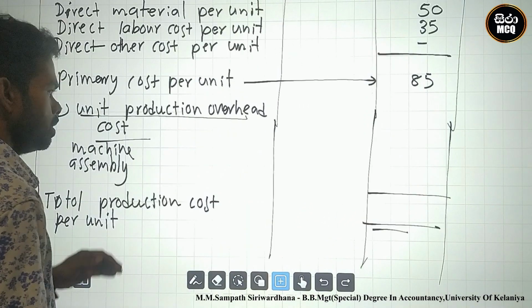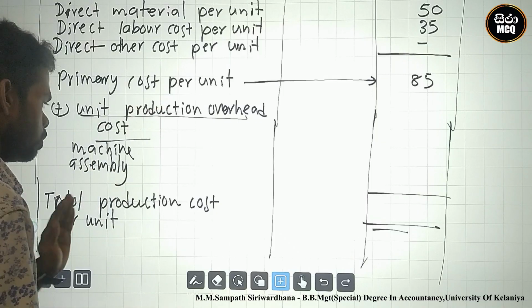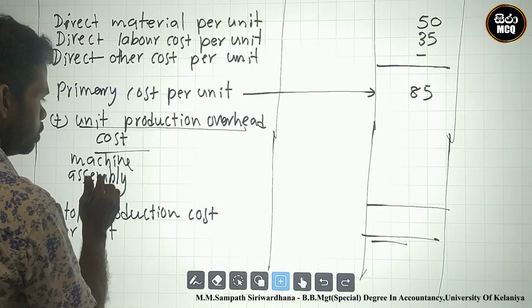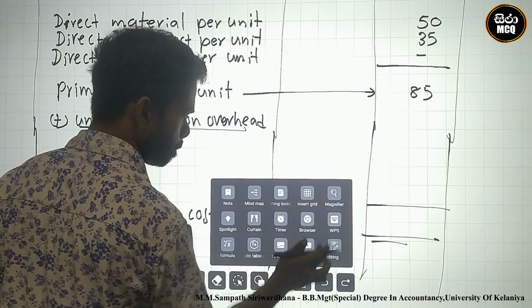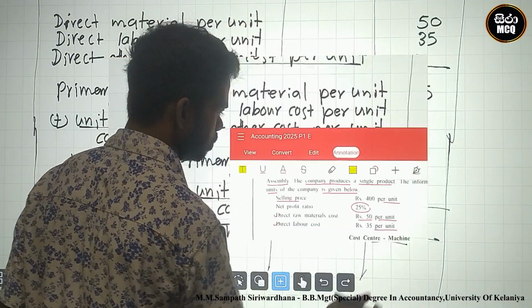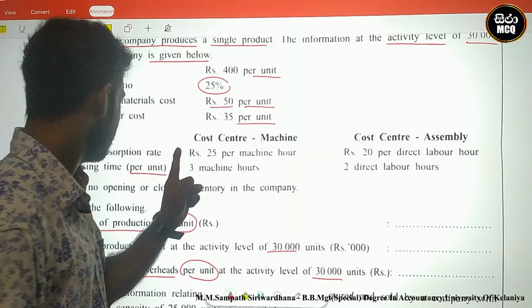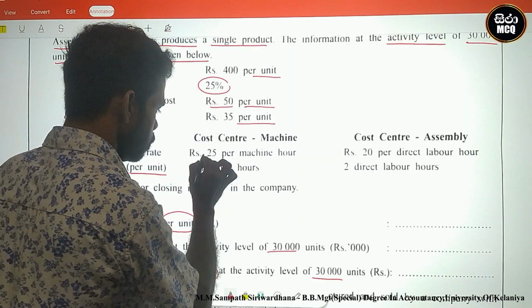After that, we must absorb the unit production overhead cost using the absorption rates of machine and assembly. The overhead absorption rate is 25 per machine hour.